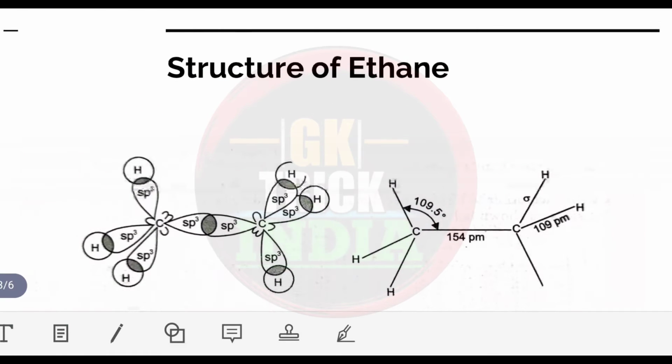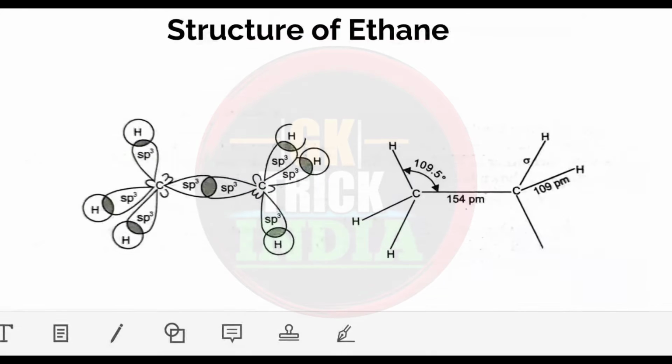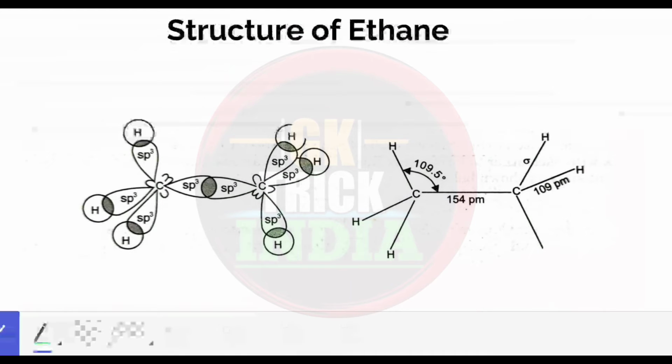Coming to the next, you can call it a bigger elder brother of methane, or a higher homologue of methane, commonly known as ethane. It is nothing but a compound containing 2 carbon atoms. Previously we had a compound containing only 1 carbon atom.